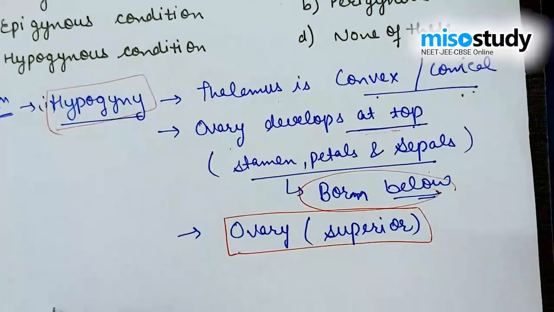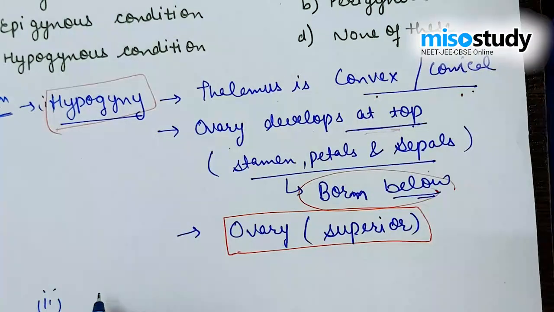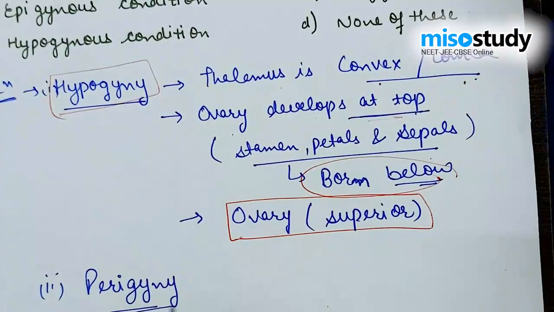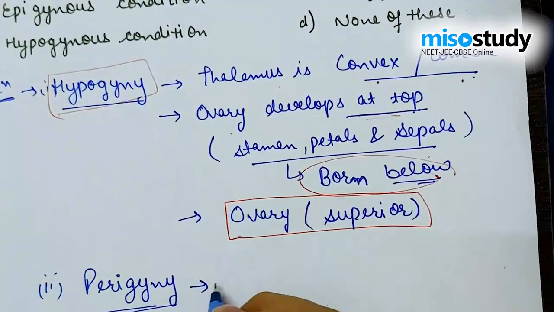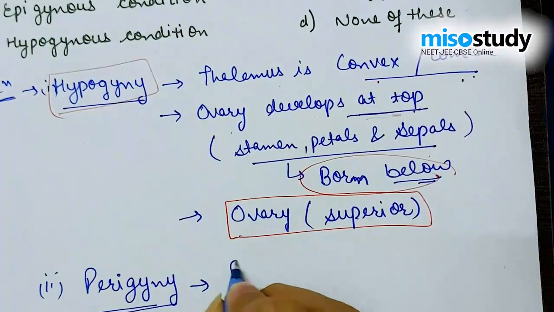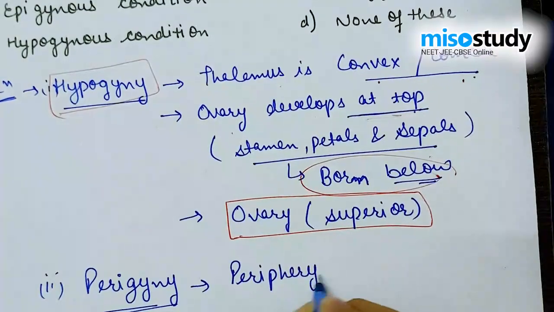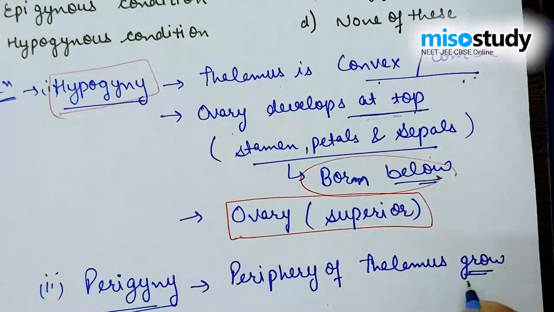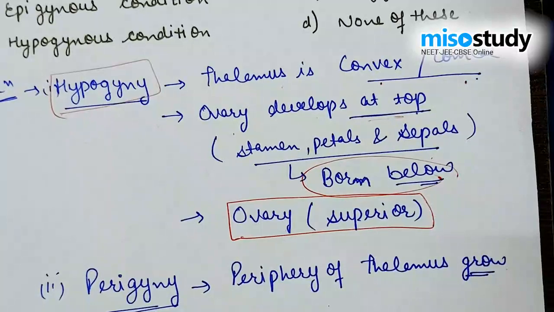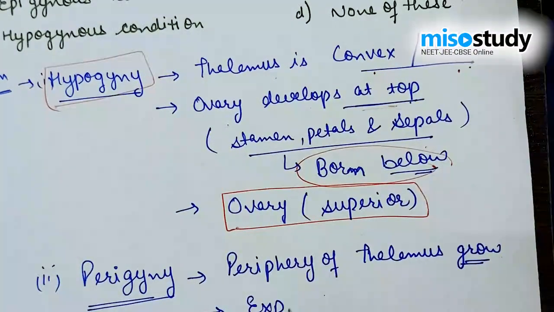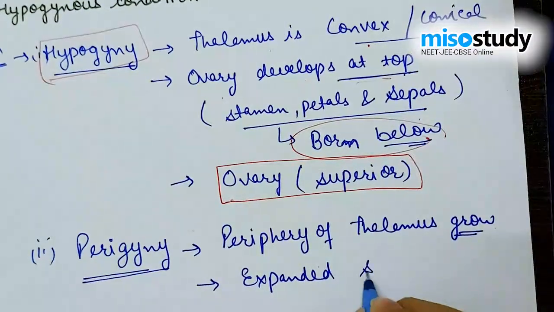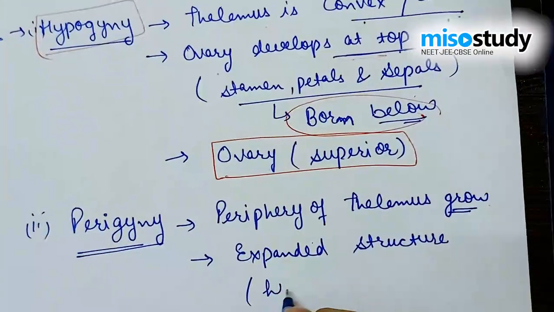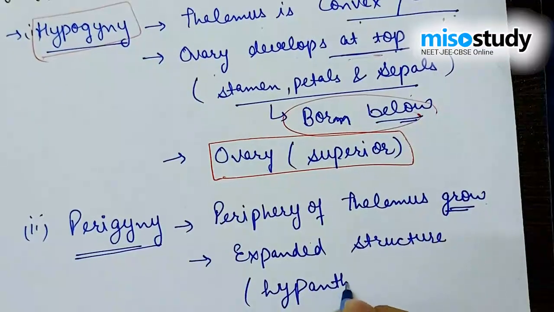Let's discuss the next option, that is perigyny. In perigyny, the periphery of the thalamus grows, and the thalamus grows to various degrees, showing an expanded structure, which is also known as a hypanthodium.